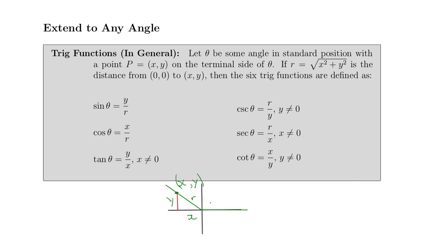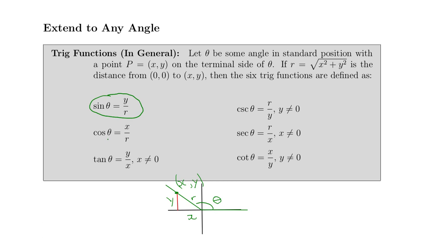And there's r. And so now if we want to find sine of this angle, notice it's not the one in that triangle. We're going to define it as the same kind of thing as if we were just looking at this little right triangle. We're going to say it's the opposite side, y, over the hypotenuse, r. So when we're looking at sine theta, we still have a kind of opposite over hypotenuse setup.